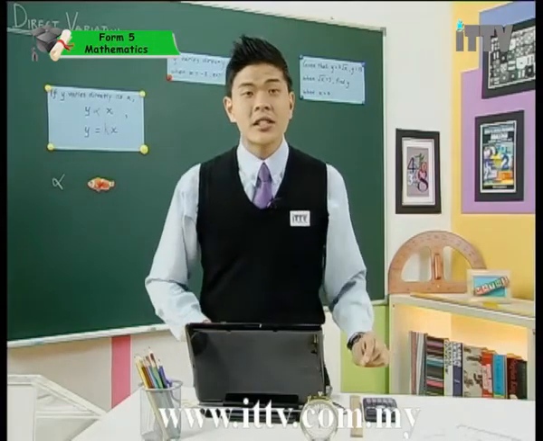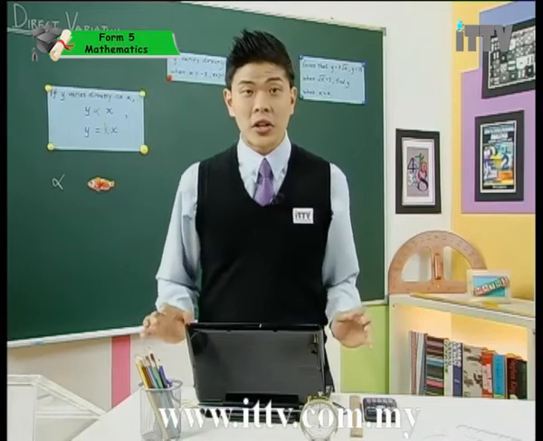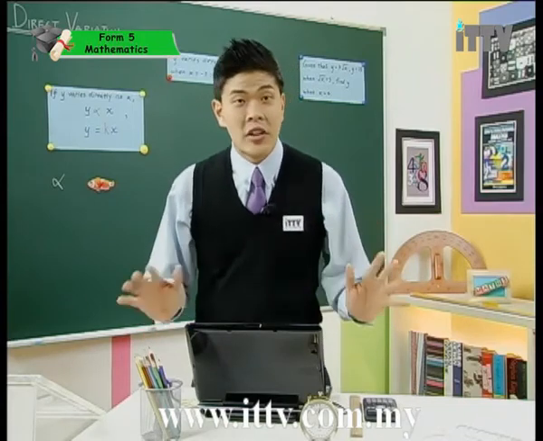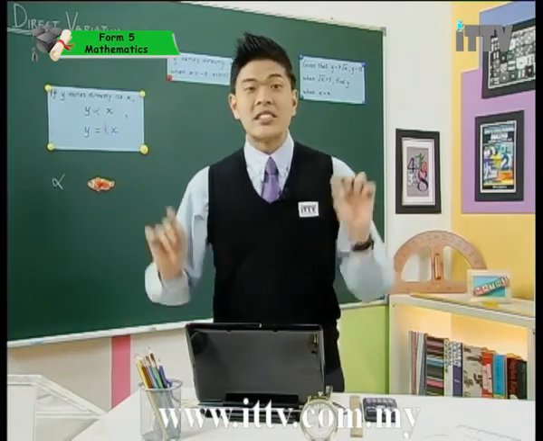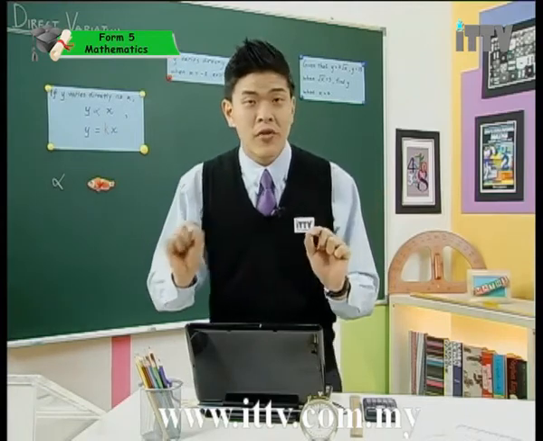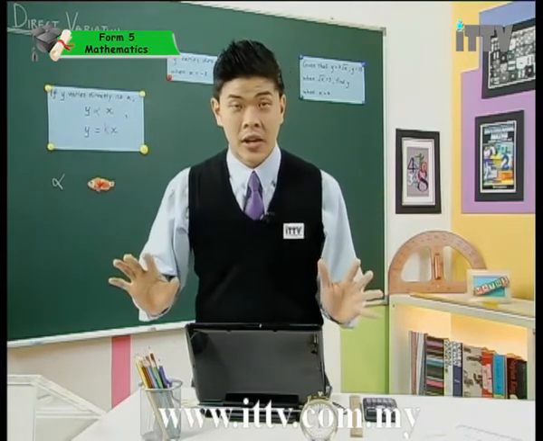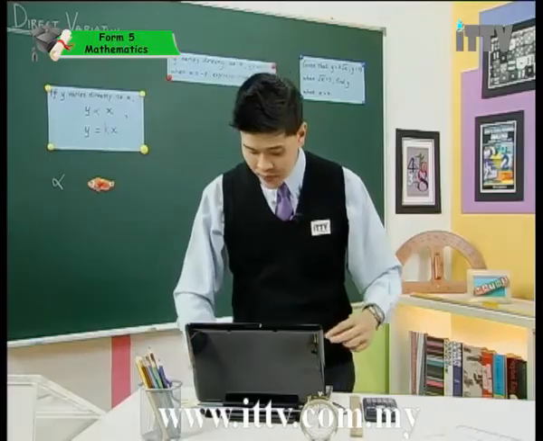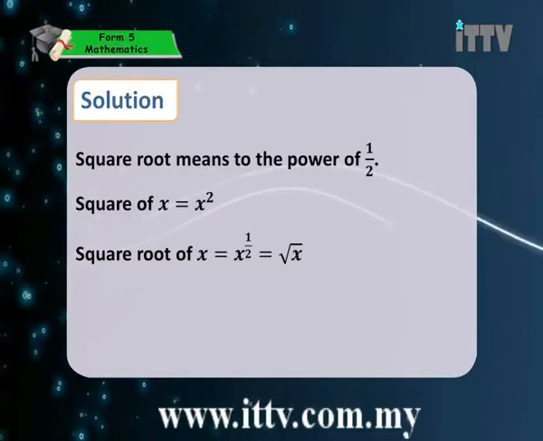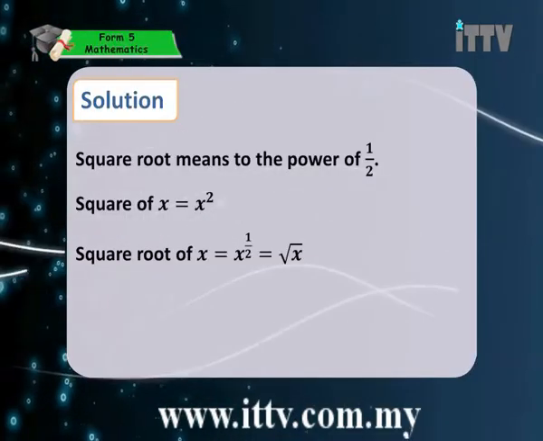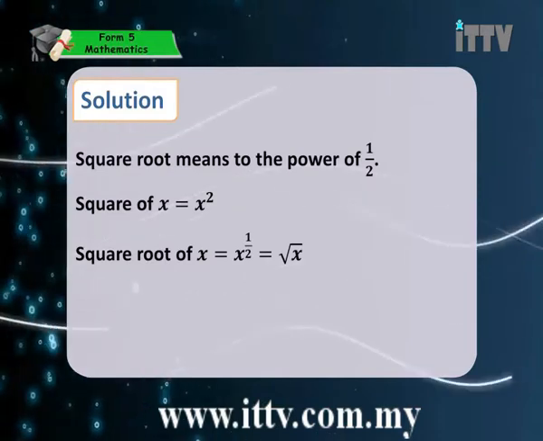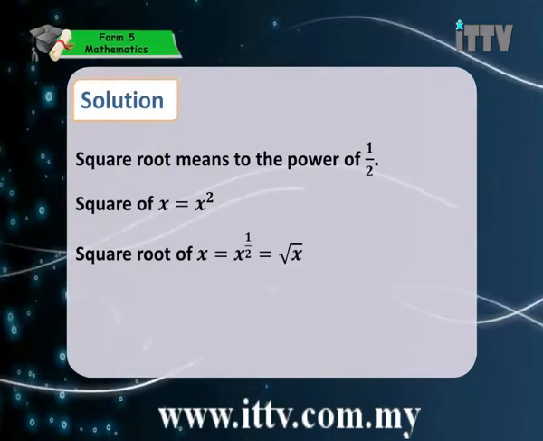When P increases, the square root of Q will also increase and vice versa. So which of these four is the right symbol form? Remember, symbol form must have that fish symbol over there because it's not equation form. So let's take a look at the solution. Square root means to the power of half. Square of x equals x to the power of 2, right?